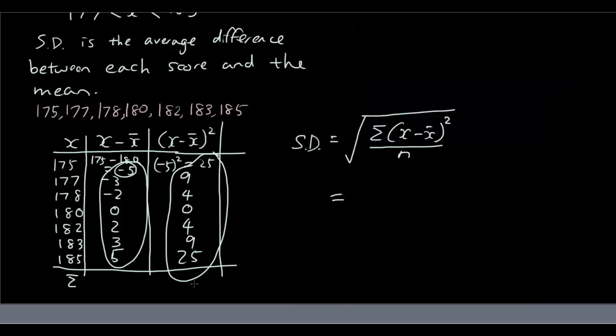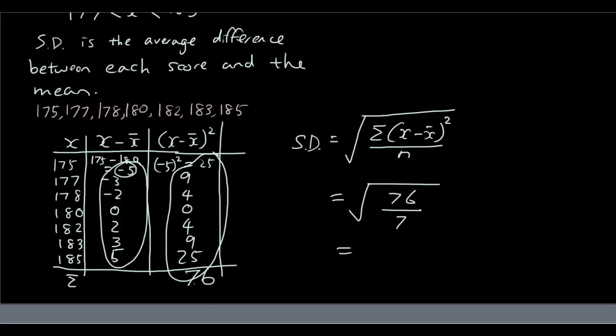So we have 76 is the sum of this column here, so 76 divided by, there are 7 scores, so divided by 7 and then square root.